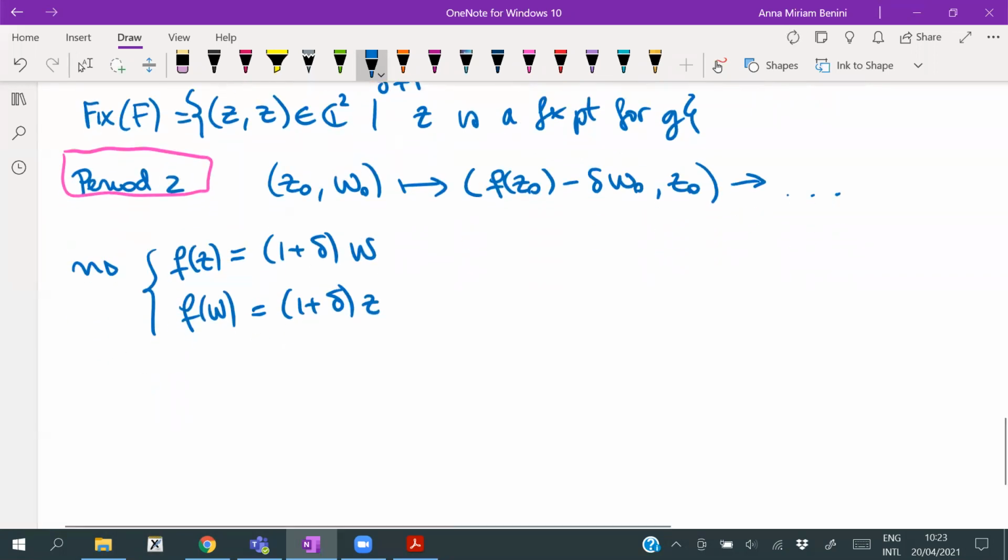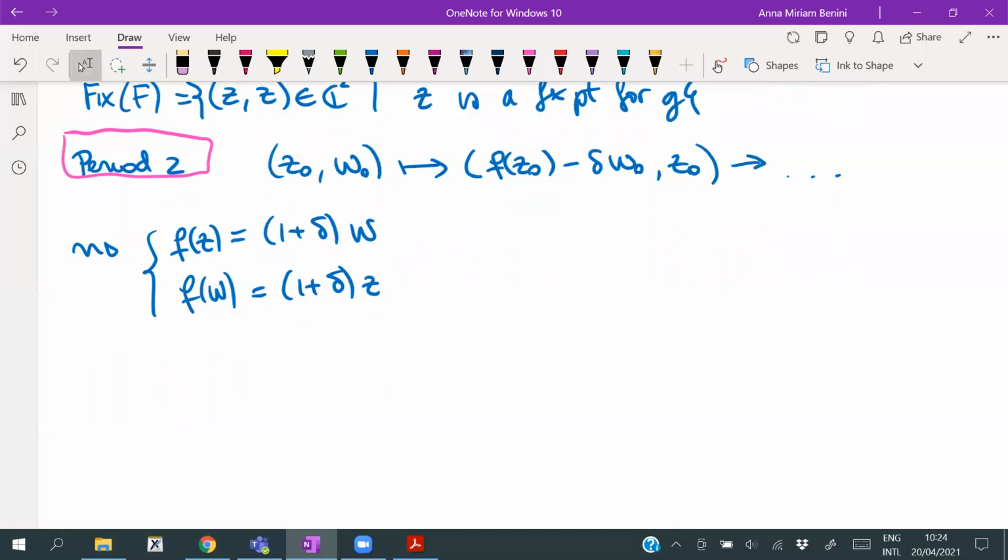You can do it in this way: either you reapply your function again and use a little trick of changing variables, or you remember that your function is an automorphism, so you consider the pre-image of this point, and then you get these two equations.